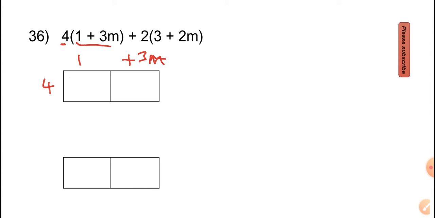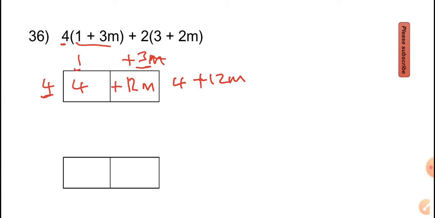So 4 times 1 is just 4, and then 4 times 3m is plus 12m. So when we expand the first bracket, we get 4 plus 12m.